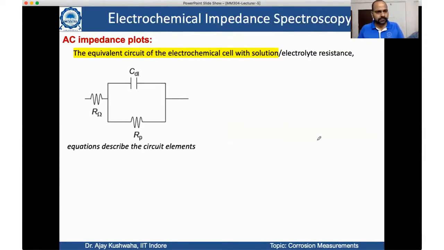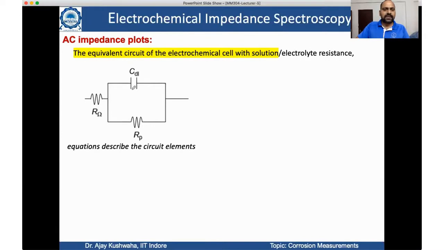See this AC impedance plot. This is the common plot in the case of our electrochemical cell, where we are going to have R omega. R omega is the resistance of the electrolyte, or you can say the overall cell. Then we have an interface. In the interface we are going to have a capacitance behavior.